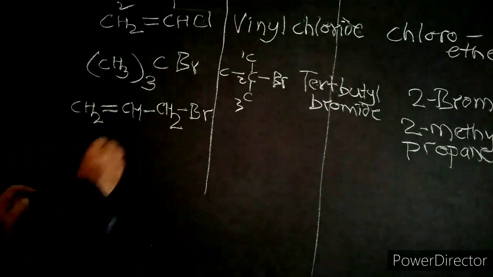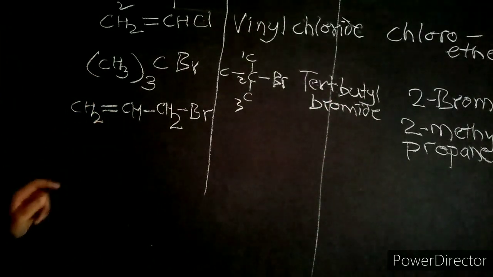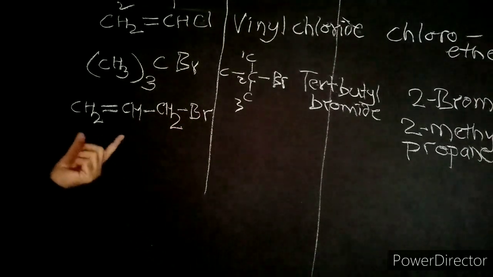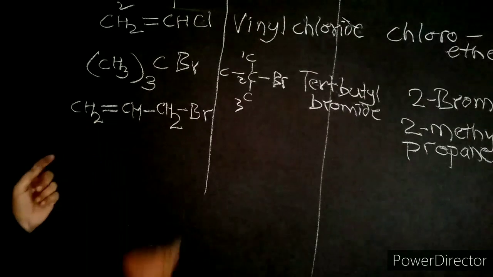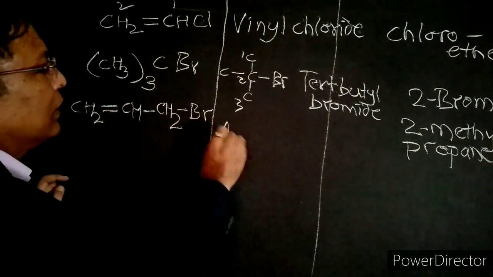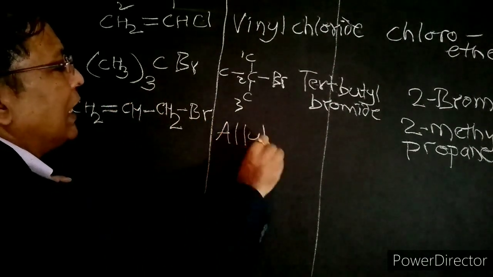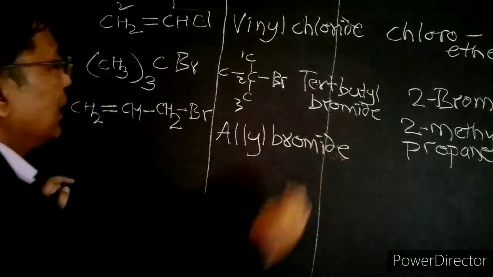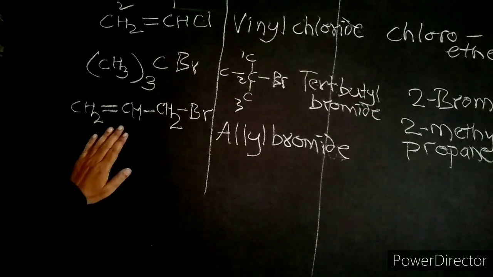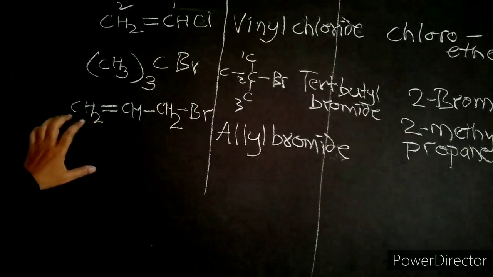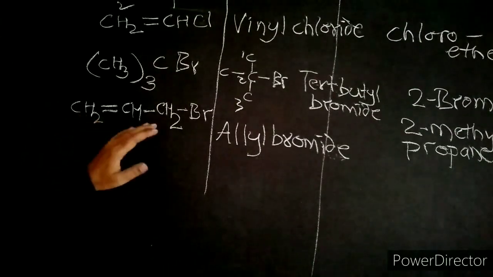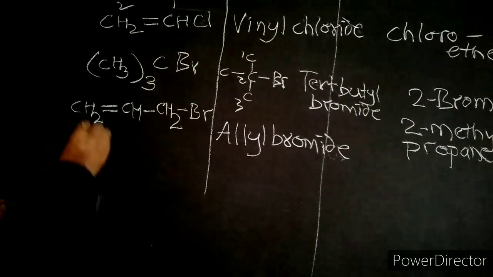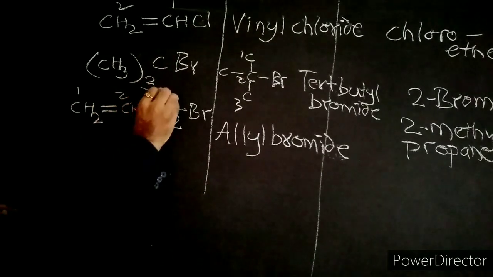And in my first video, I have explained that when the halogen is attached to the carbon which is next to the carbon-carbon double bond, this is called allylic. Therefore, the name of this compound is allyl bromide. And while giving the IUPAC name, we should number the carbon chain by giving preference to the double bond. So 1, 2, 3.